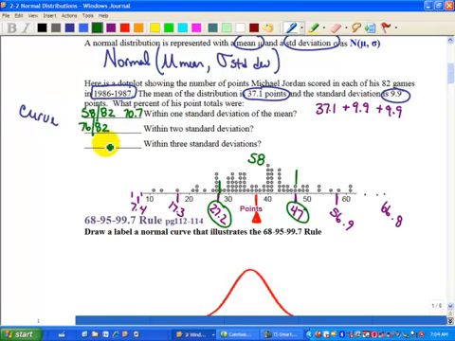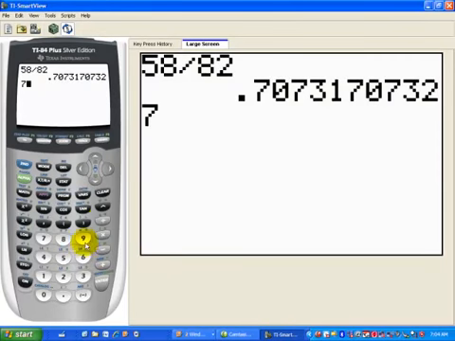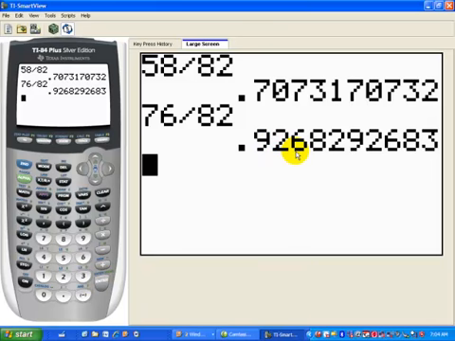And then before I go to the calculator, within 3 standard deviations would be from here to here, so they all are within there. So I know that's 100%. But what is 76 out of 82? About 92, maybe 93, or 92.7.